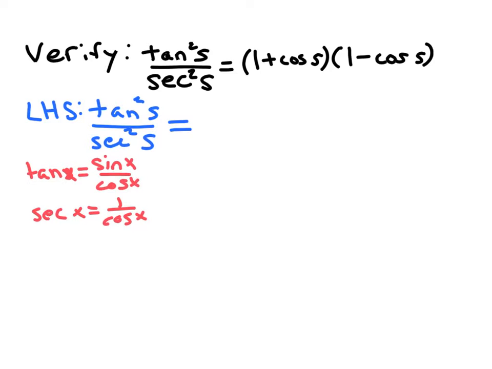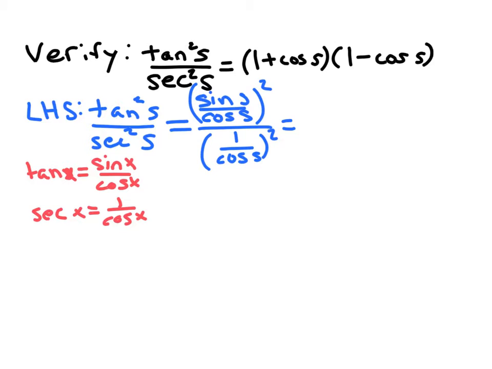So using those identities, you can write tangent as sine over cosine. So tangent is sine over cosine, and since it's squared, we should square the whole thing. Secant is 1 over cosine.